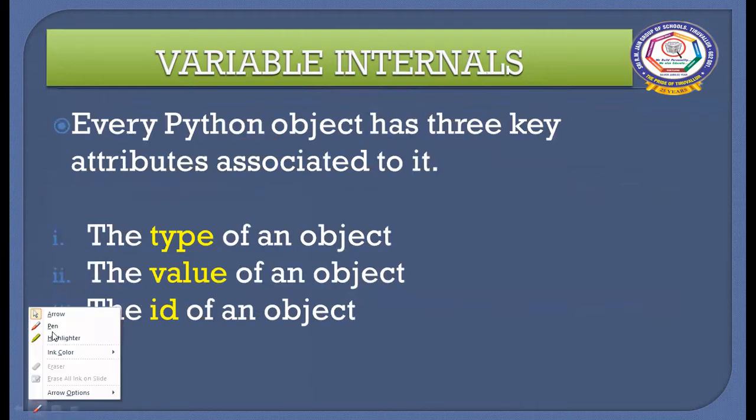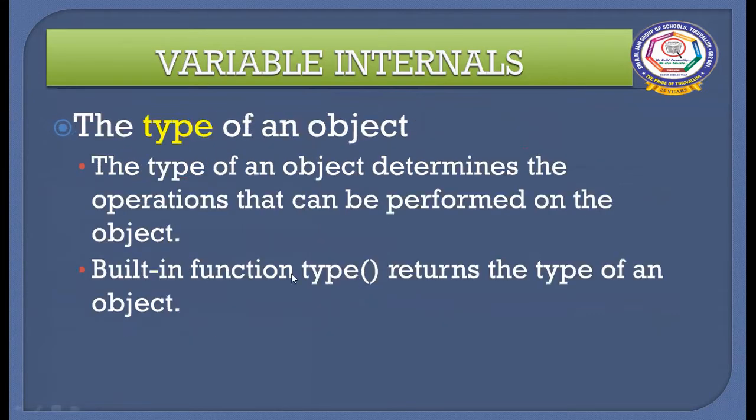So every Python object has three key attributes associated with it. One is the type of value, the value of an object, and the ID of an object. So what is the type of an object? It is the type which determines the operations that can be performed on that particular object.